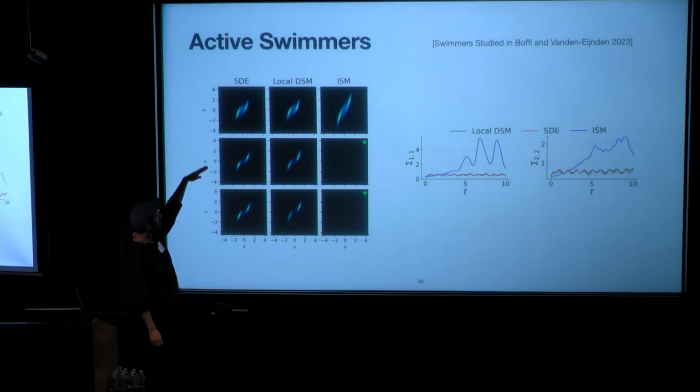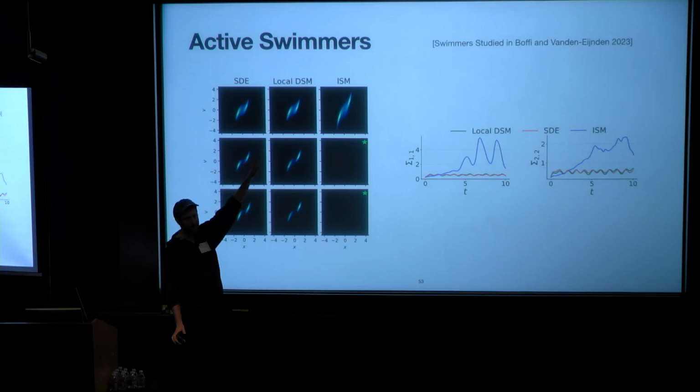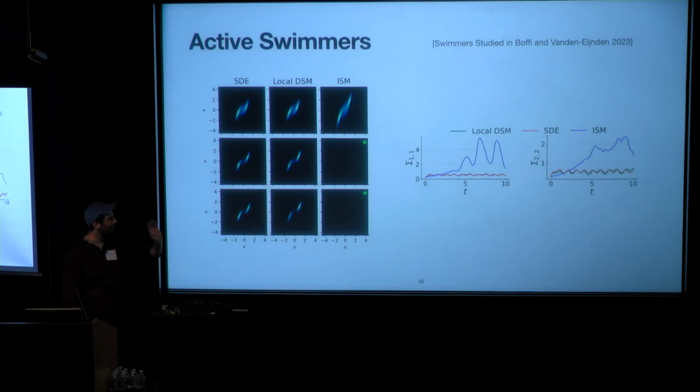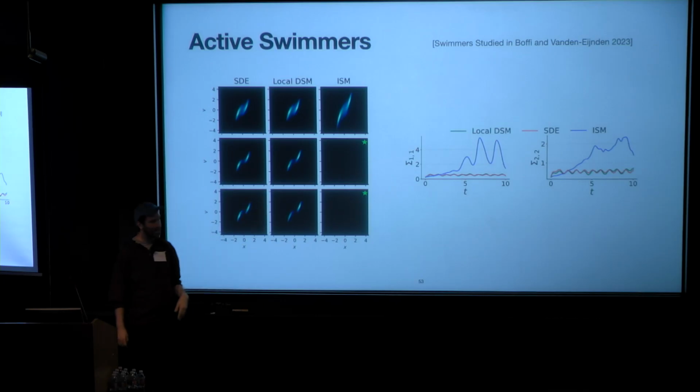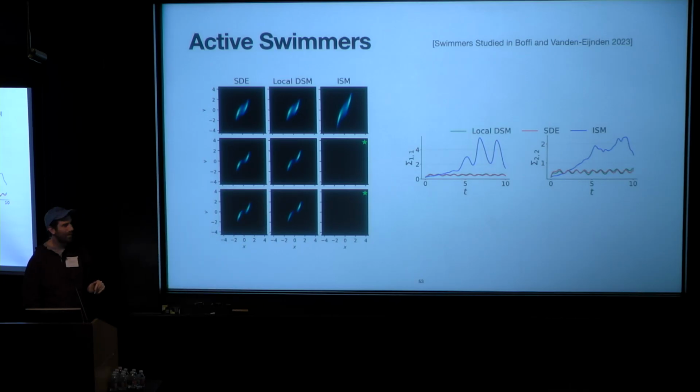This is integrating the ground truth SDE. This is learning its score with the local denoising score matching, and then just integrating forward. And this is what you get with implicit score matching, where the green stars mean that the trajectory has diverged. And we can see that the variance of the samples generated by the system trained with ISM also just goes off.